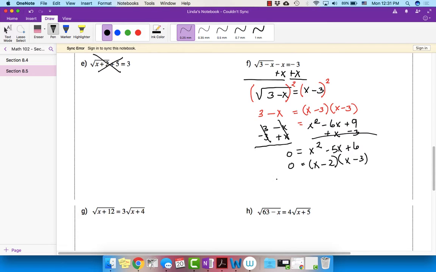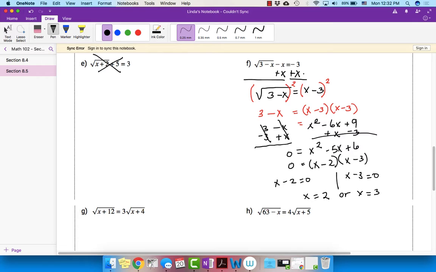So the possible answer is s minus 2 equal to 0, or s minus 3 equal to 0. That means either s equals 2 or s equals 3.